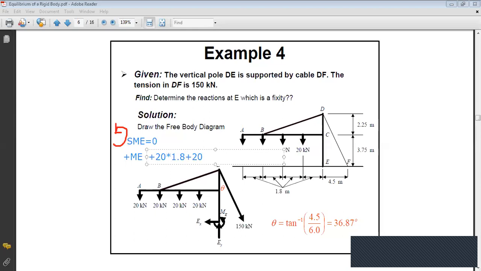plus 20 times 3.6 plus 20 times 5.4 and plus 20 times 7.2. Okay, so now I still need only to add what? I still need only to add the moment of FDF, the 150 kilonewton force.